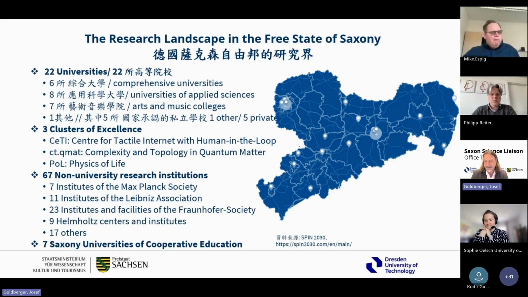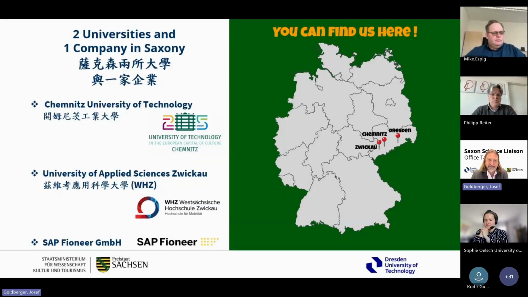But of course, Saxony also evolved a very elaborate high-tech industry, and we have many private companies in Saxony. Here you see the different map representing the 3 speakers today.